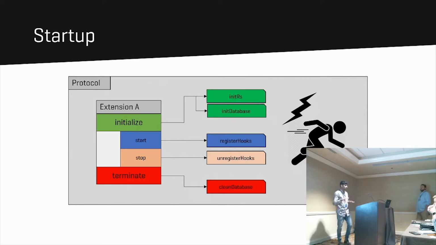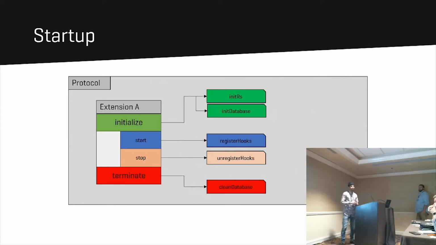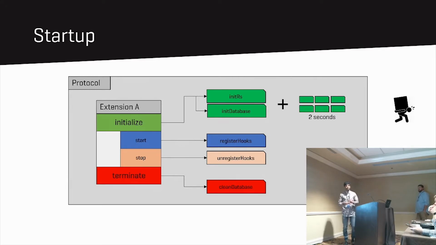But let's be a bit more realistic here. We've all worked on extensions before. We all know what sort of operations we end up adding to our events. We normally don't just stop at initialize resource. We'd normally start adding in stuff like initialize schemes or parse some files or establish a connection with a server or maybe even begin downloading catalog objects.